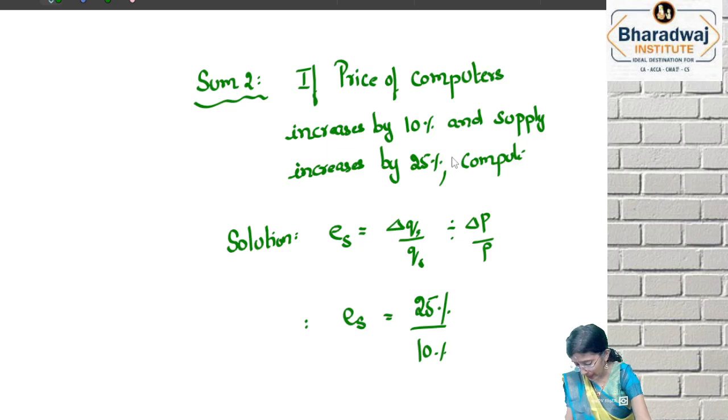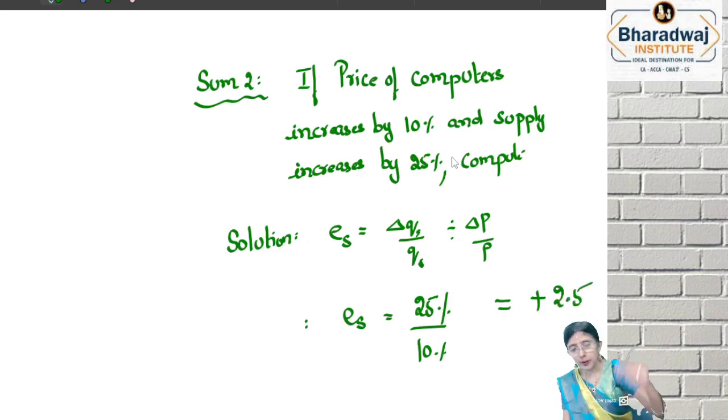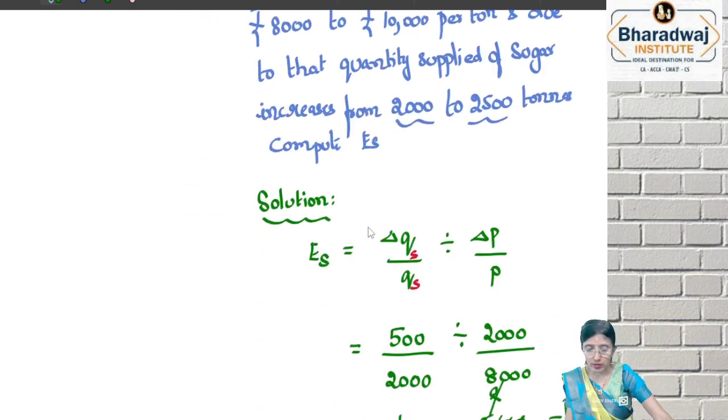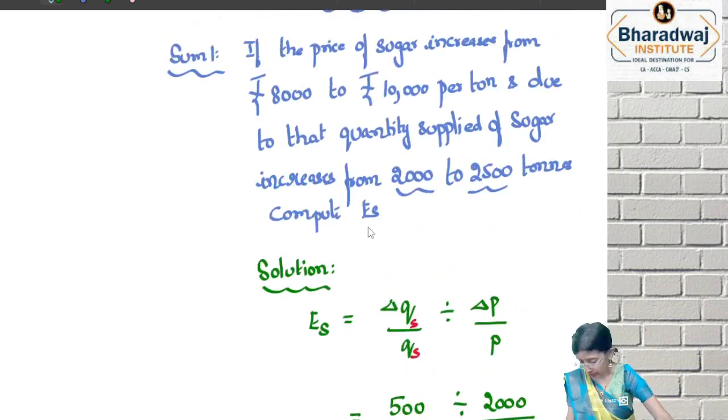I get my elasticity as plus 2.5. As the price goes up, supply increases. Percentage problem is one, and the other one is in numbers, which you can do.